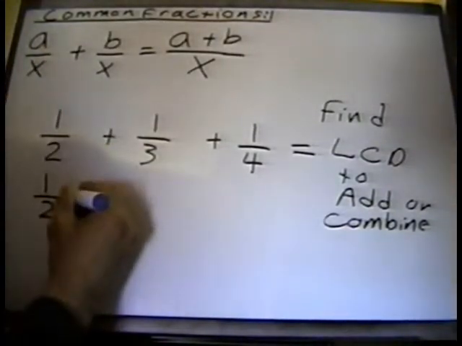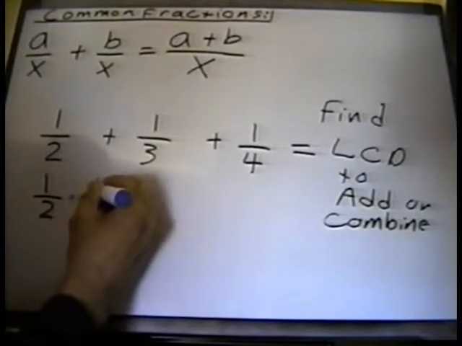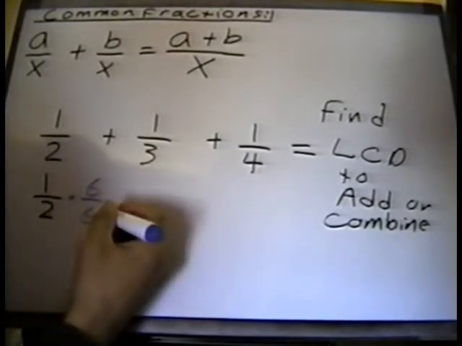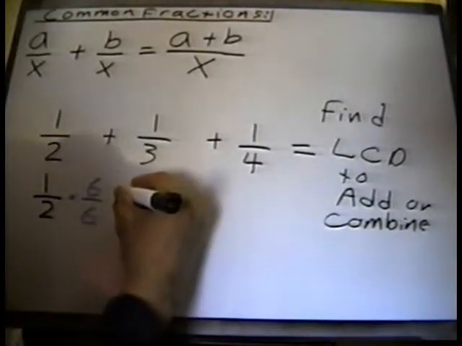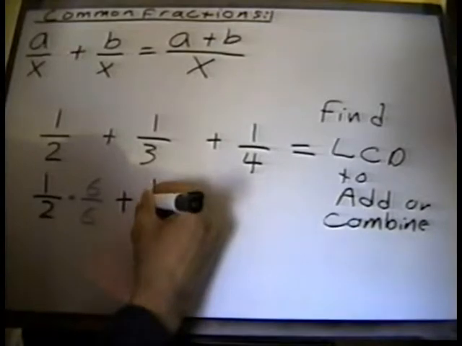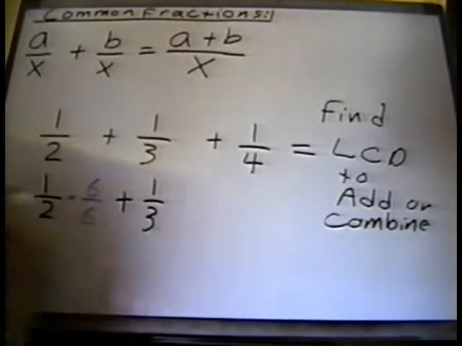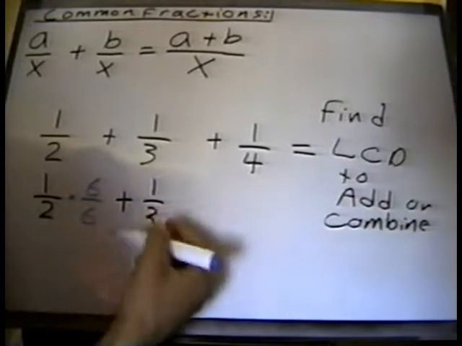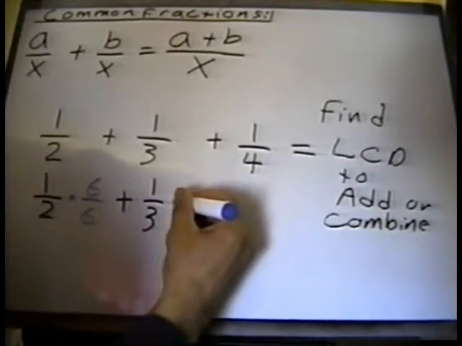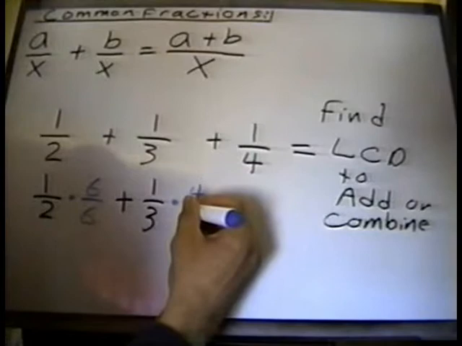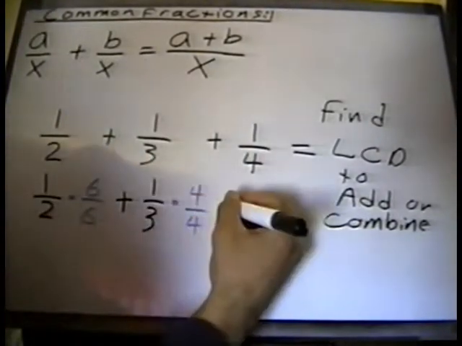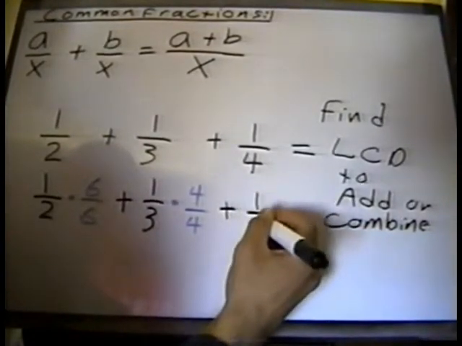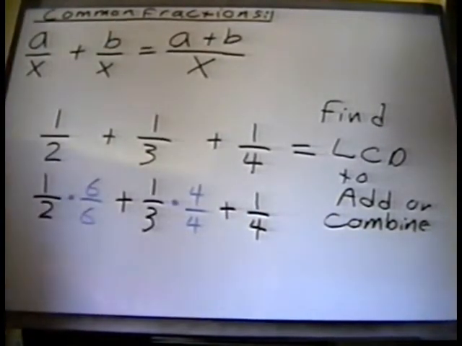So we multiply 2 by 6 over 6. And we continue to add the results. So 1 over 3, we multiply that by 4 over 4. And then 1/4 gets multiplied by 3 over 3.